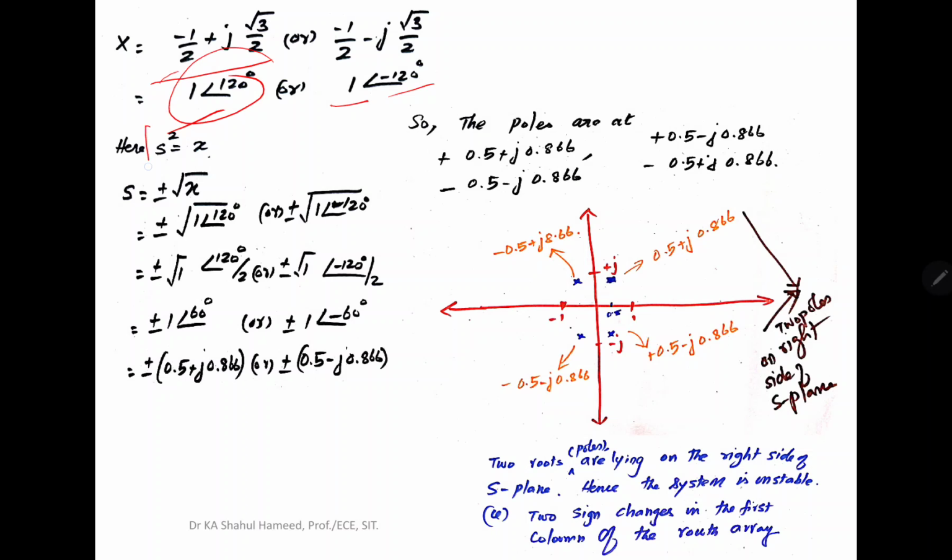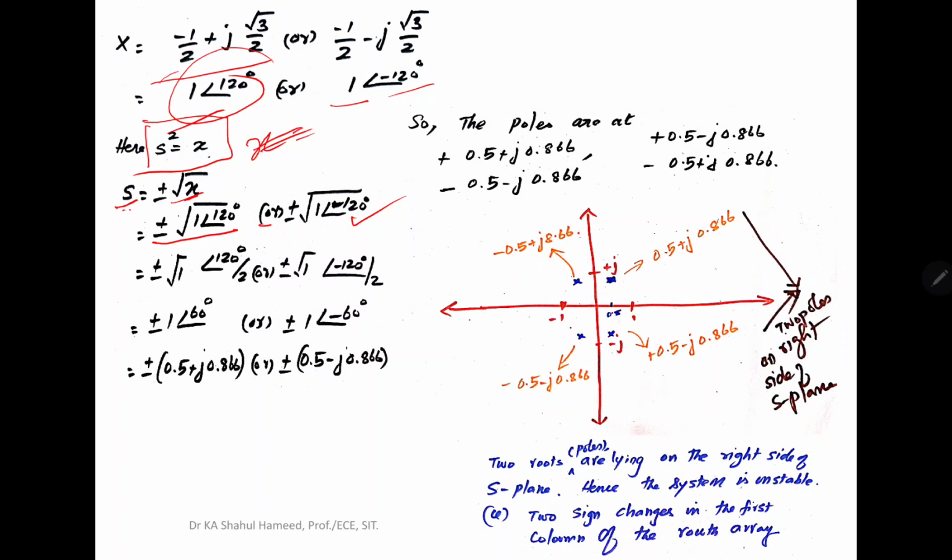But actually we have considered s square is equal to x. Then s is equal to plus or minus square root of x, because we have to take the square root on both sides. Now we have to substitute the value of x in this equation. We get plus or minus square root of 1 with phase angle 120 degrees, or plus or minus square root of 1 with phase angle minus 120 degrees.